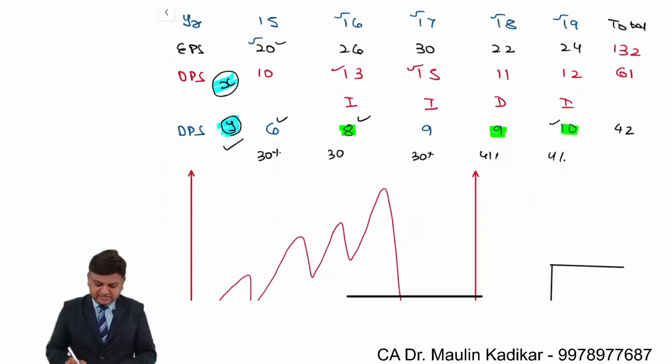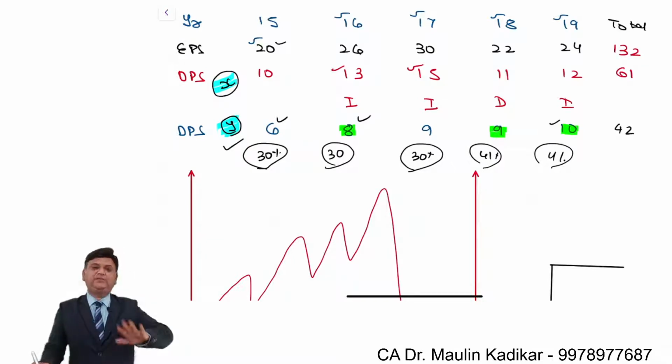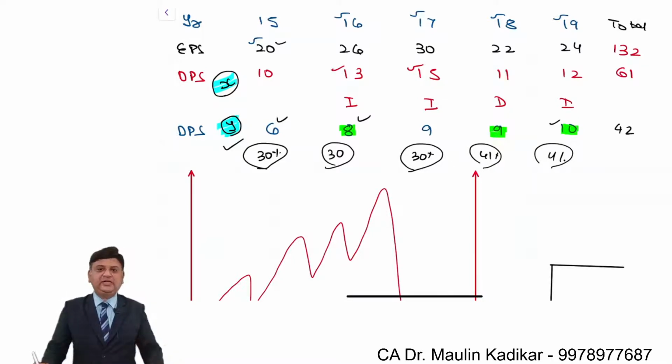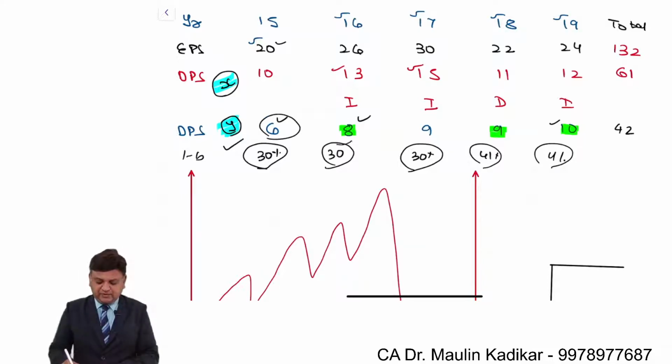Lintner model says that if there is fluctuation, and even if there is a reduction in the dividend payout ratio, even in that case the investors are not bothered about it. Investors are not concerned with the dividend payout ratio. That is what this model says. They are concerned with the absolute amount of dividend per share.